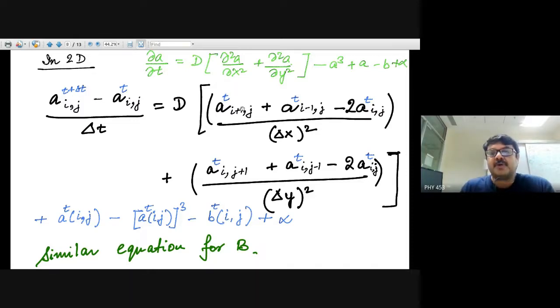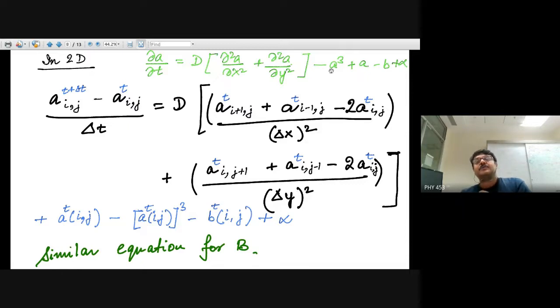So what we are doing is writing the double derivative in the x direction and the double derivative in the y direction. J plus 1 is the y index, I plus 1 is the x index, right? So this is something which is familiar. And so this would be the diffusion equation, the terms written in black.